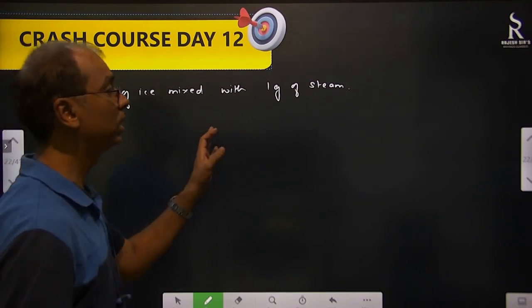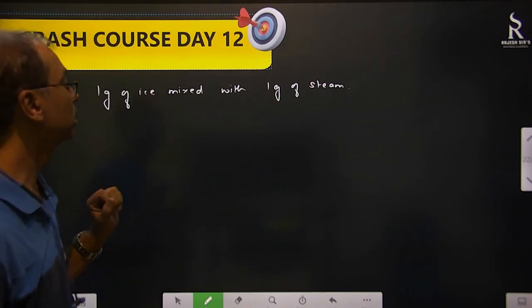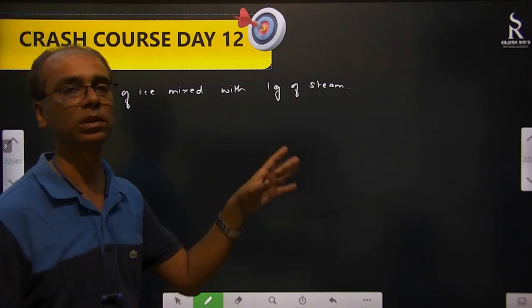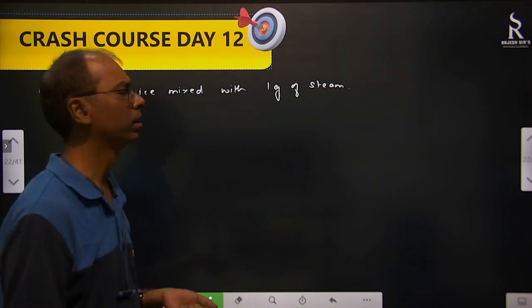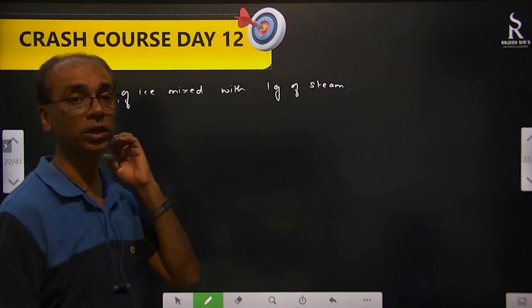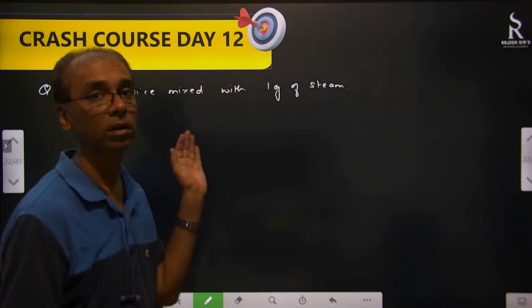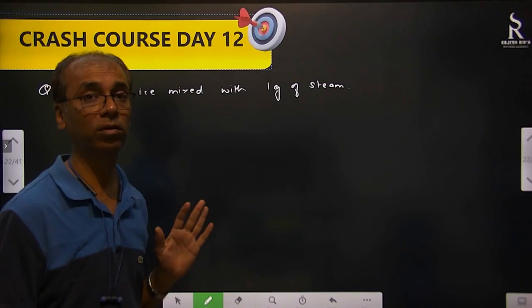Now, steam's latent heat used to be very high, 540. Ice's latent heat is very less. So once steam you are mixing with ice, the first thing that will happen is ice will convert into water at 0 degrees centigrade. Then steam's temperature is 100 because we are saying its latent heat is very high. So now what? Ice converts into water at 0 degrees centigrade, but steam is at 100 only, no?